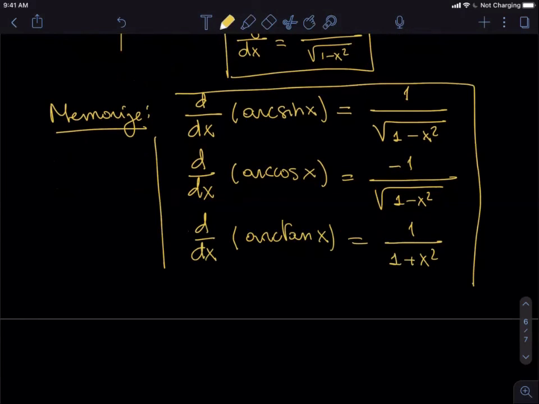Very important to remember these things because they do come out once in a while.